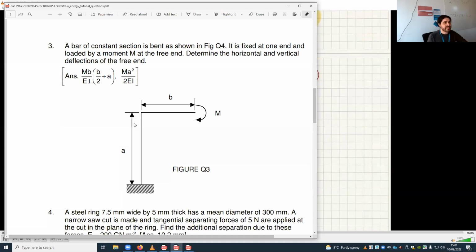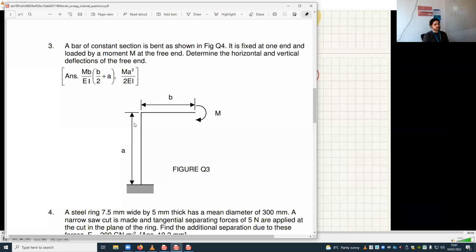Question 3 says, this bar is fixed at one end and loaded by a moment at the free end. So it looks like this is very easy. It's only a moment M applied at the free end. Determine, though, the horizontal and vertical deflection of the free end.